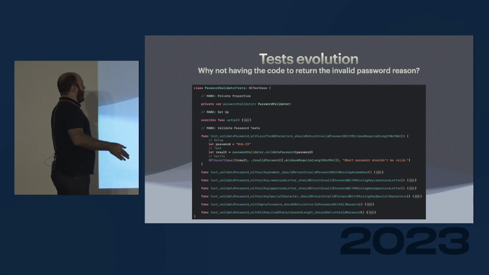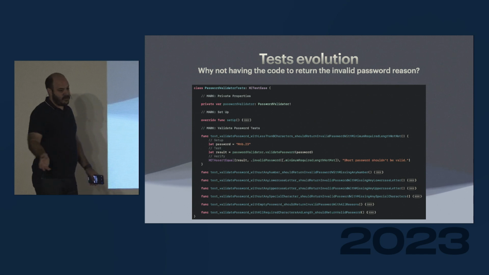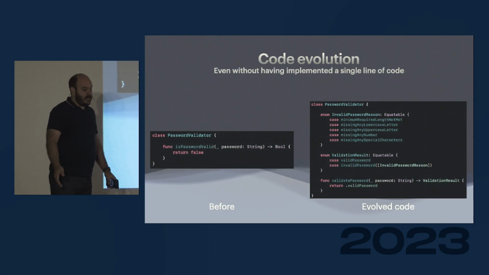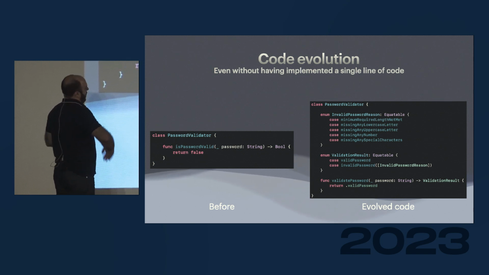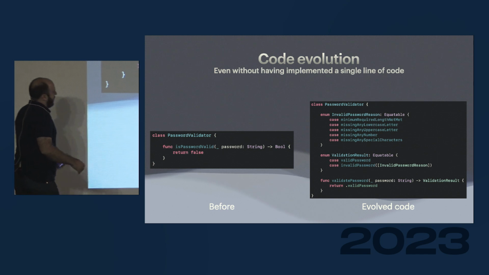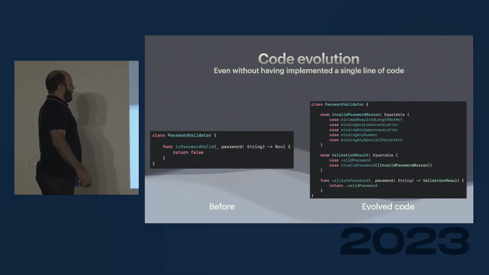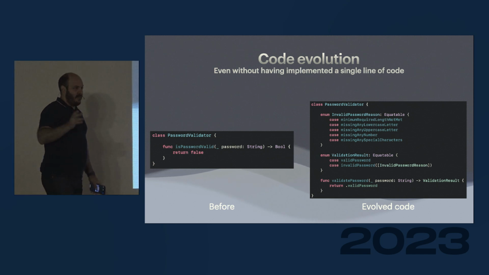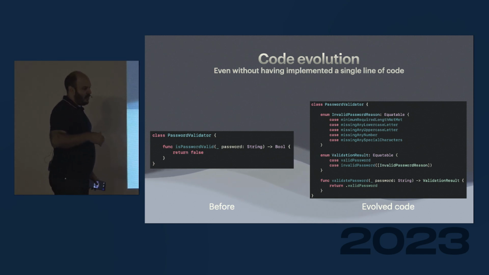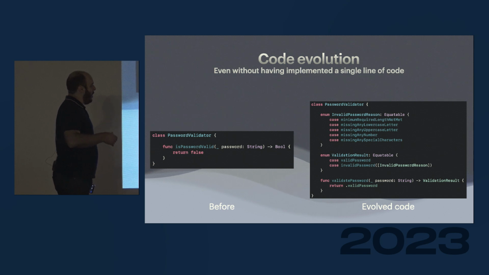That result could be valid password or invalid password with different reasons, right? So I started with this, and then I passed to that implementation, which, again, I don't have any implementation at all, but for me, it was a learning process in order to do the best implementation possible, one that could match the requirements, right?